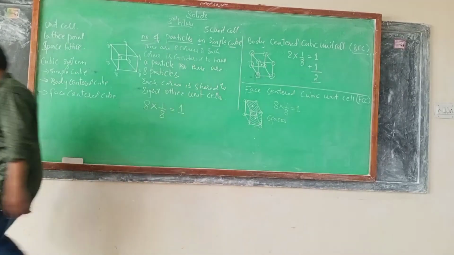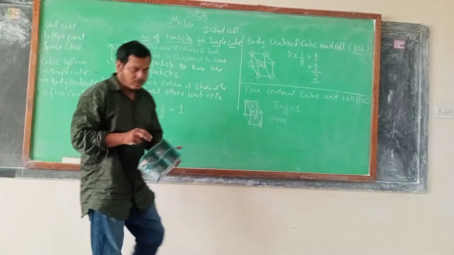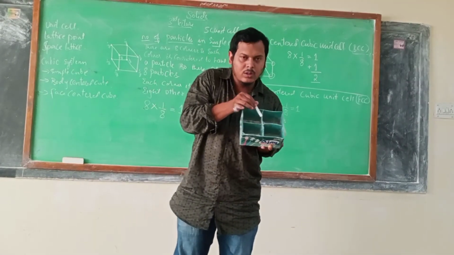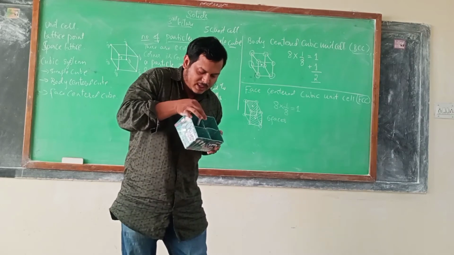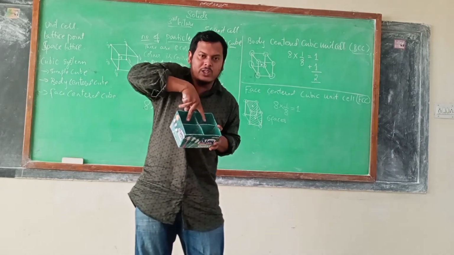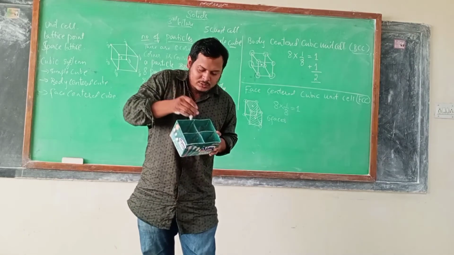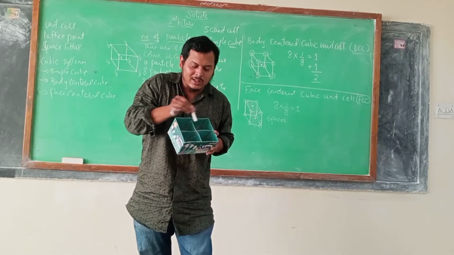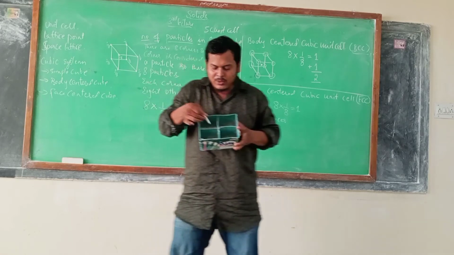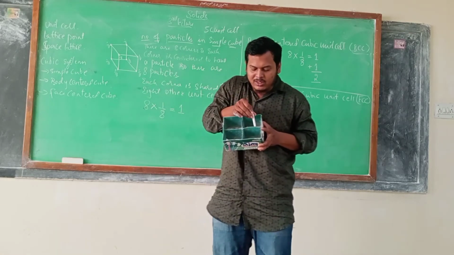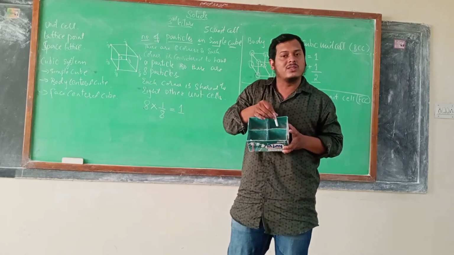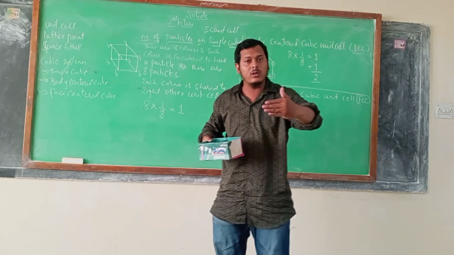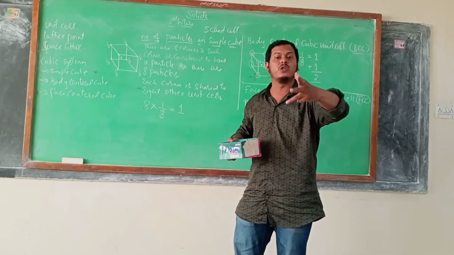I will explain with this box so you understand. Consider this face. Are you getting it? This face is common for 2 unit cells. Similarly, this side is common for 2 unit cells, and this side is common for 2 unit cells. So remember, each face is the common wall of 2 unit cells.